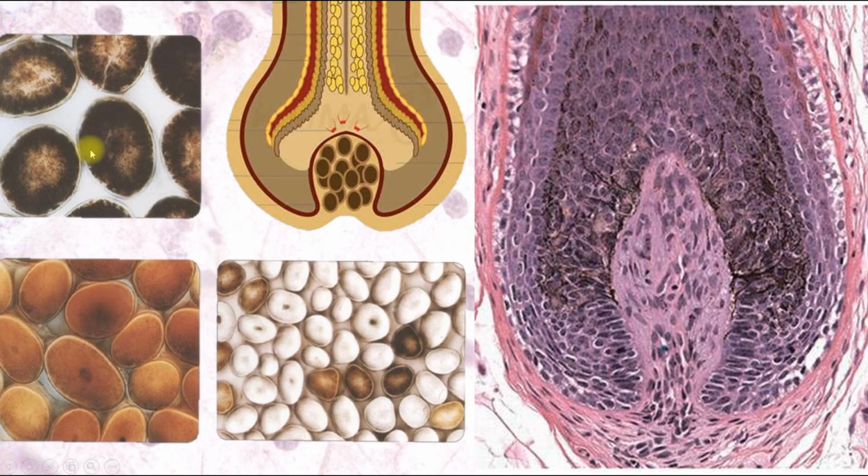Black, dark hair has a lot of eumelanin, and light hair usually has small amounts of eumelanin, and sometimes they contain pheomelanin in different amounts. So according to the amount of melanin, we have different shades of hair. And when hair becomes gray, those keratinocytes don't contain melanin.